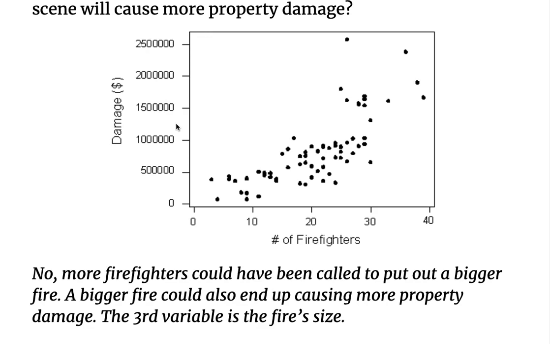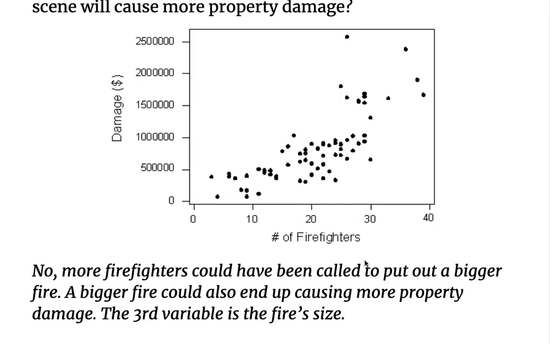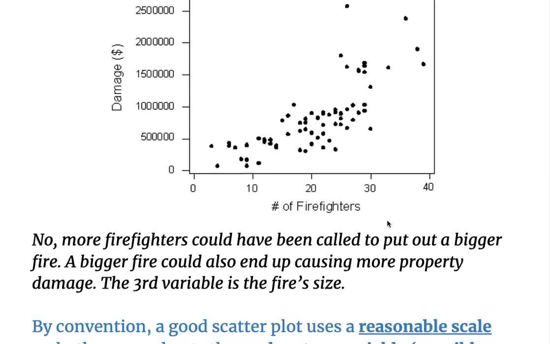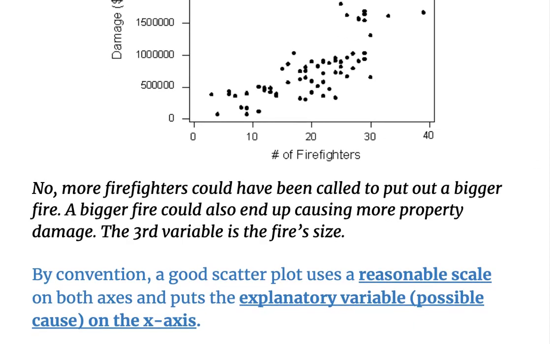We don't know how much is going to be damaged until after the fire is put out. So whatever could possibly be explanatory or the cause, a possible cause, is always put on the bottom, the x-axis. So be sure to put that in your notes as well, and we're going to go over some examples.